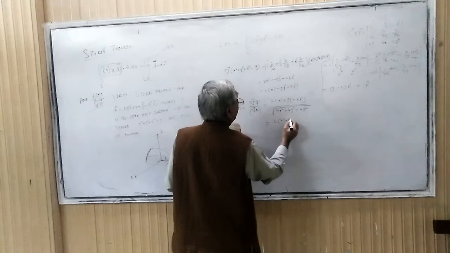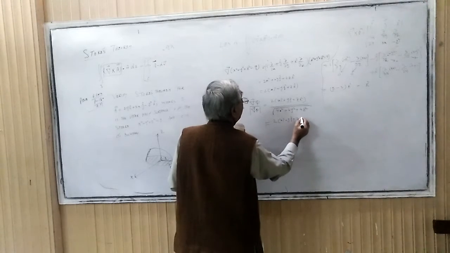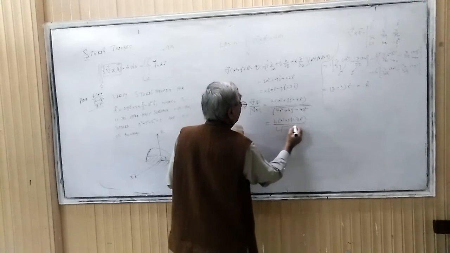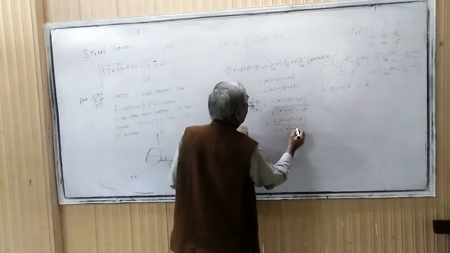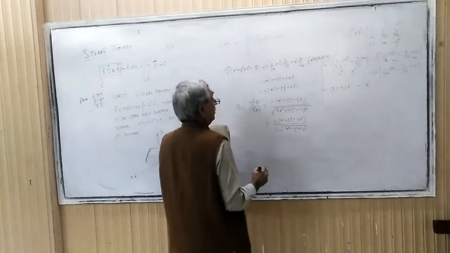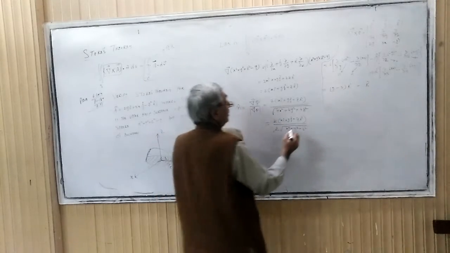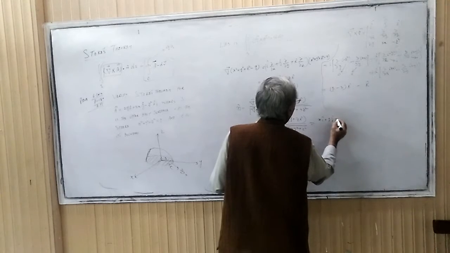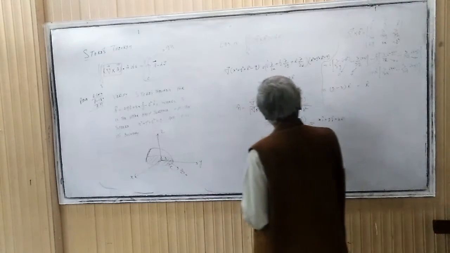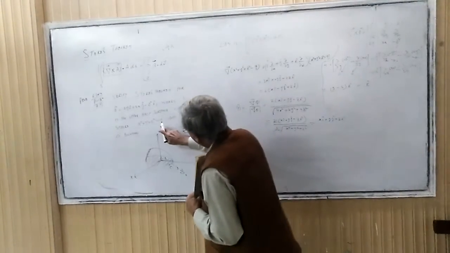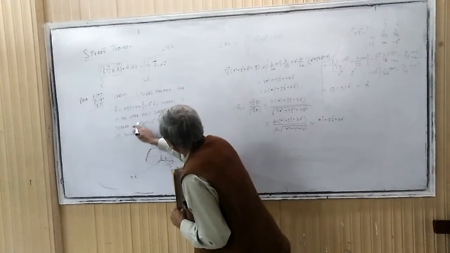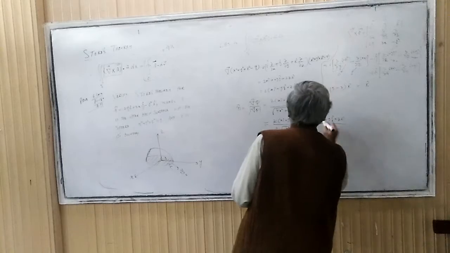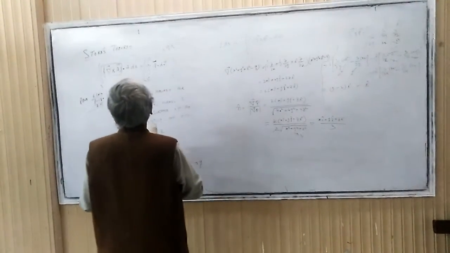This 4 becomes 2 out of the square root of x square plus y square plus z square, and the 2 cancels. This gives me xi plus yj plus zk, and the square root of x square plus y square plus z square is 3. So you have calculated n.